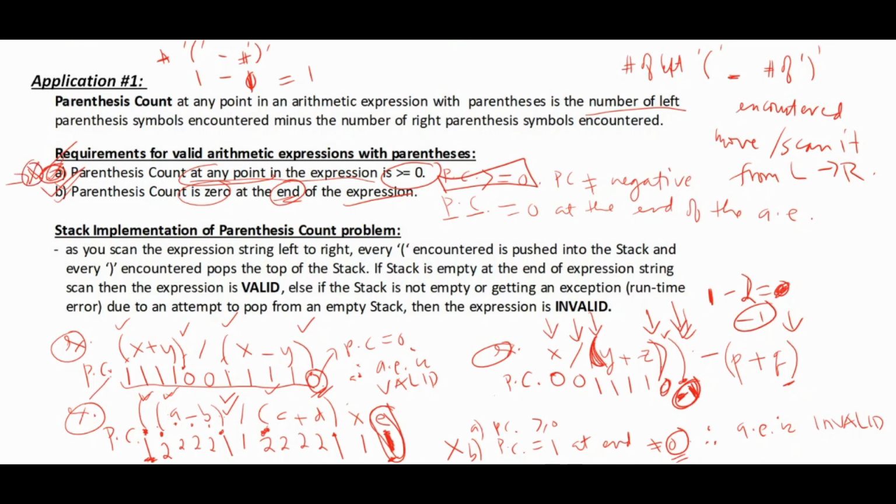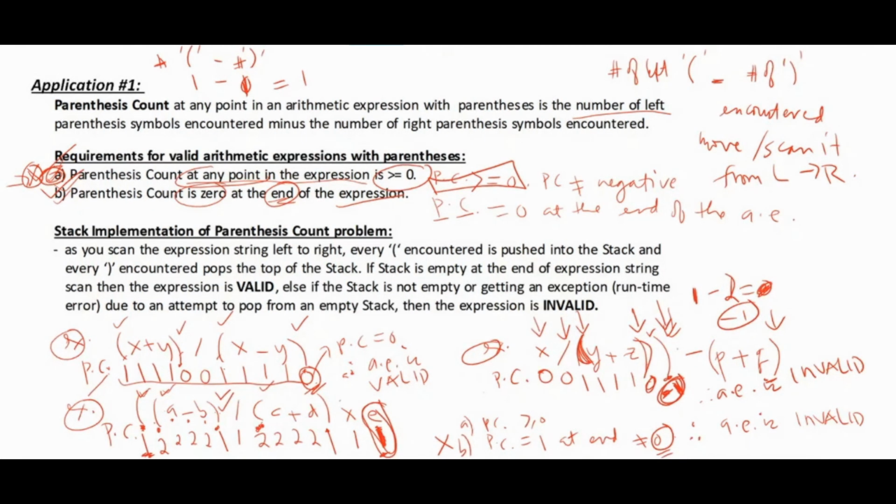And therefore, it is enough for us to conclude that the arithmetic expression is invalid because it did not satisfy the first requirement. So what does it imply when the parenthesis count is equal to 0, like in the case of the first example, this one?